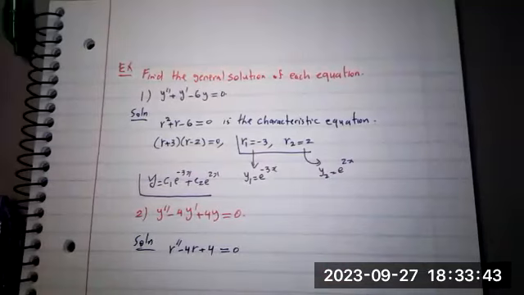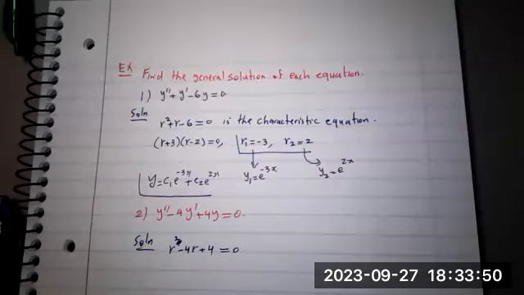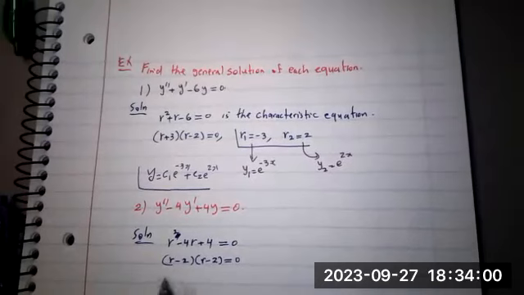Okay, you factor it, you know that it's going to be a repeated solution. It's r minus 2 times r minus 2 equal to 0. So r equal to 2 is a repeated solution.